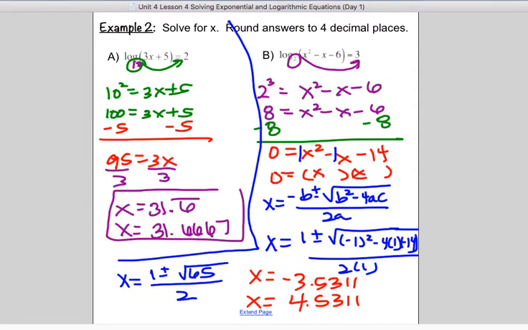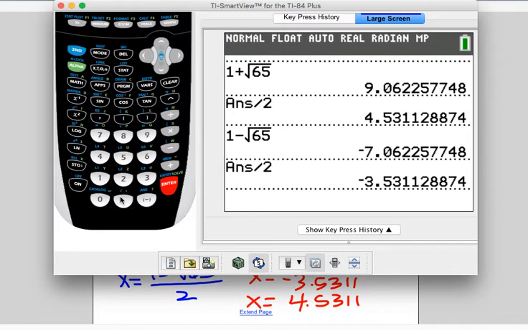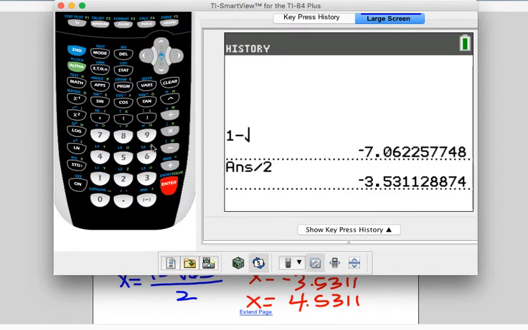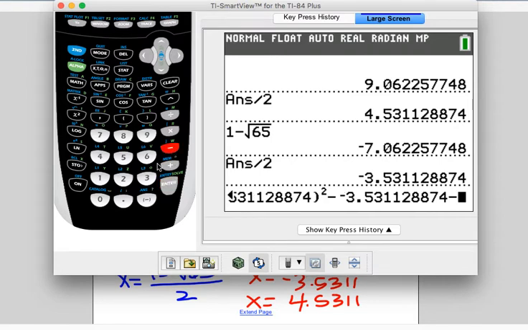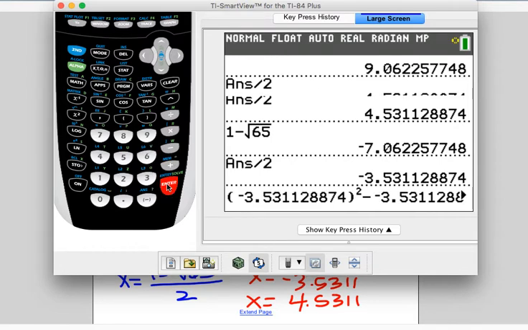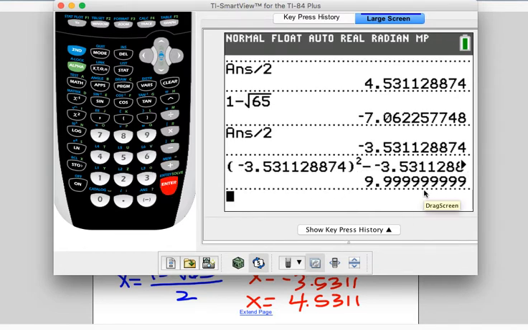Will it be a positive? So let's check it out. We can arrow up, grab it, make sure to put in parentheses, square it, and then we minus that number again, and then it was minus 6. Okay, so it's a positive number, so I can actually plug in the negative number.